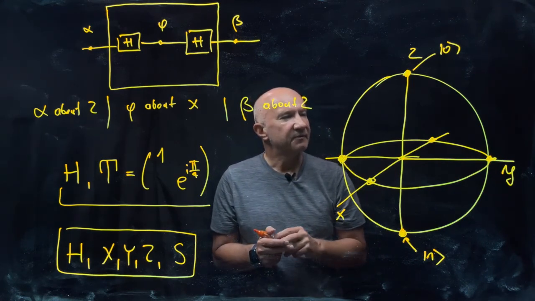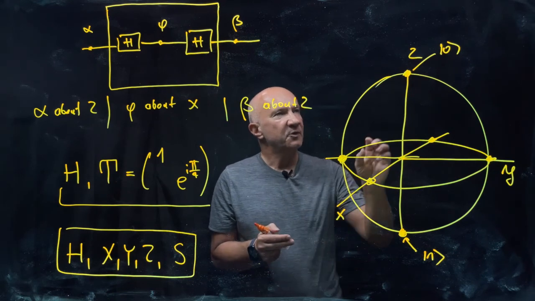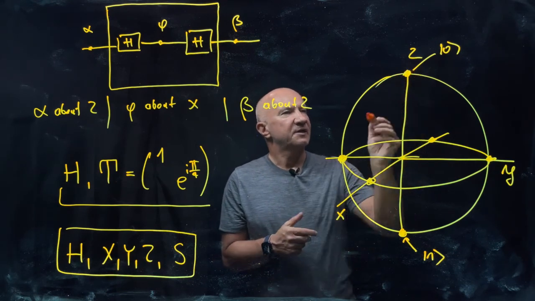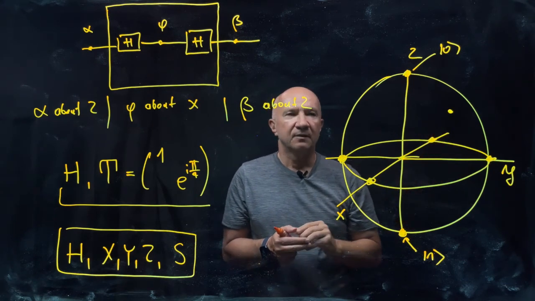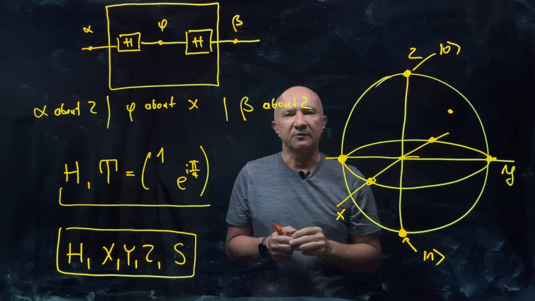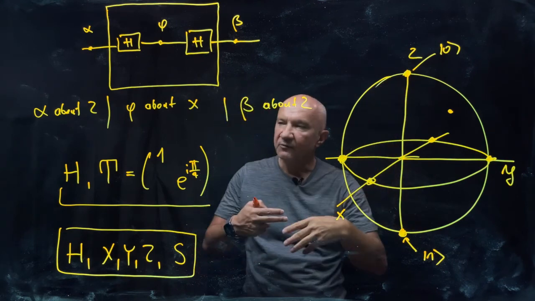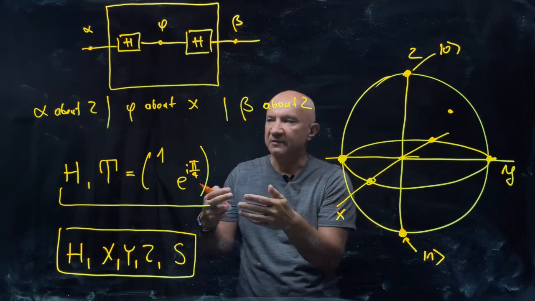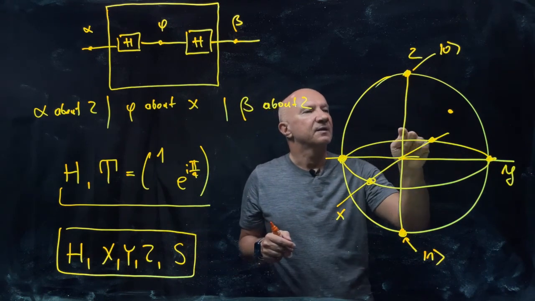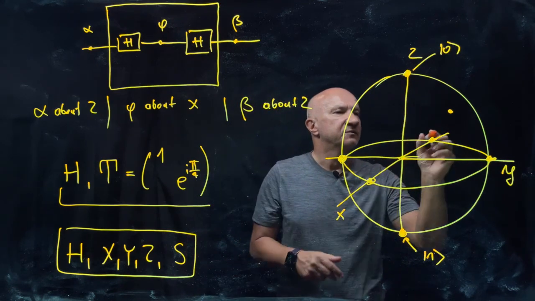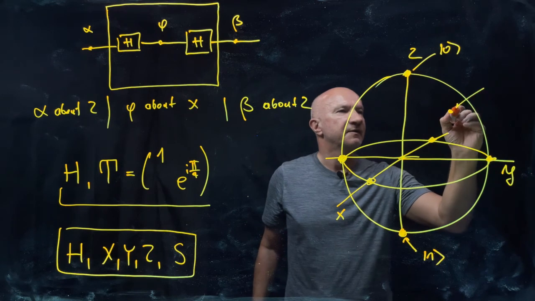Now the next question, the good question computer scientists will ask you, is how efficient it is. So suppose you start here, and I want you to come to this point on the Bloch sphere. Can you, via a sequence of elementary steps defined by the Hadamard and the T gate, walk in this way to this particular state here?